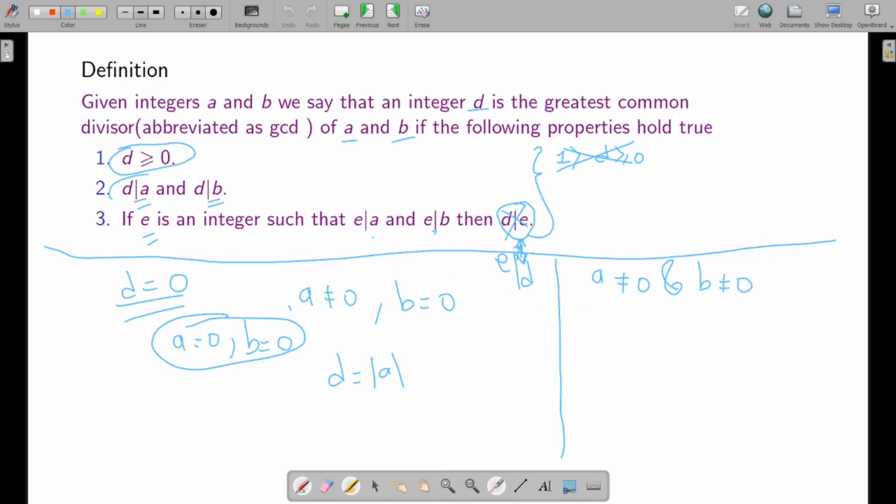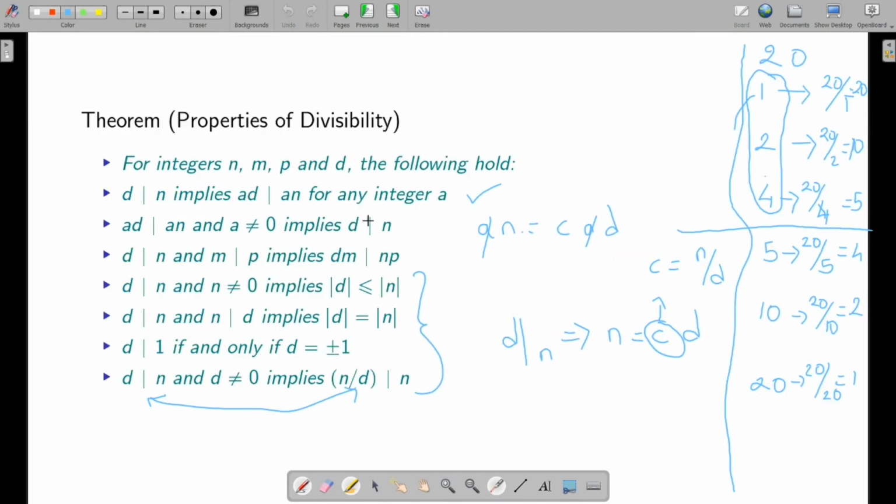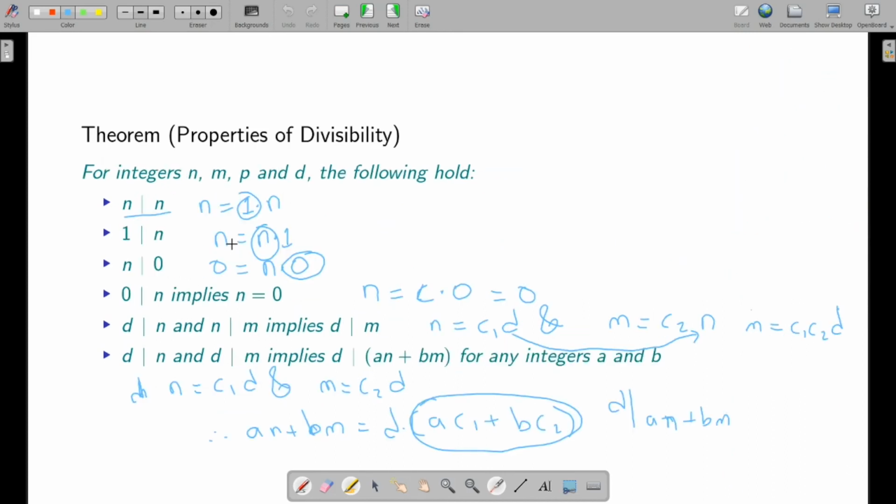Look at the second property. What does it tell you? If D is 0, that means 0 divides A and 0 divides B. But we have seen in previous properties, I can go back and show you here itself.